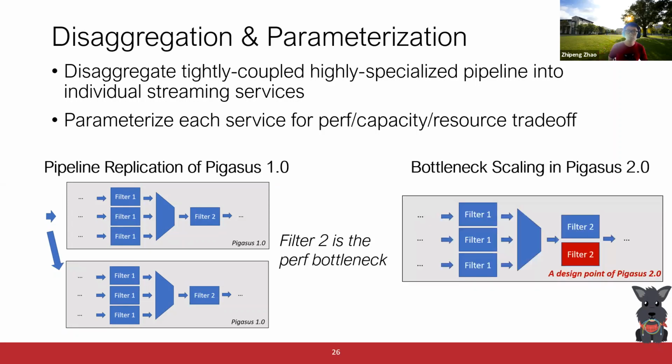With Pigasus 2.0, everything becomes easy. Users can easily scale up or scale out the performance bottleneck. Compared with pipeline replication, we only introduce a little bit of overhead, and we save a lot of resources.